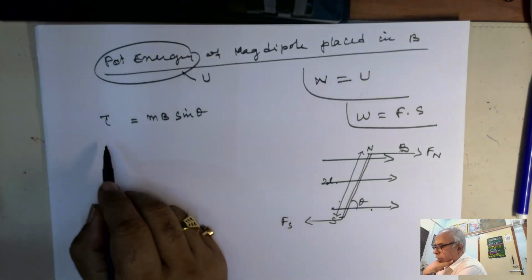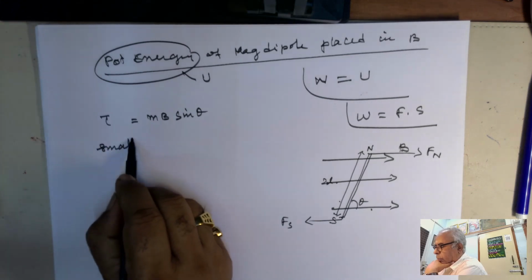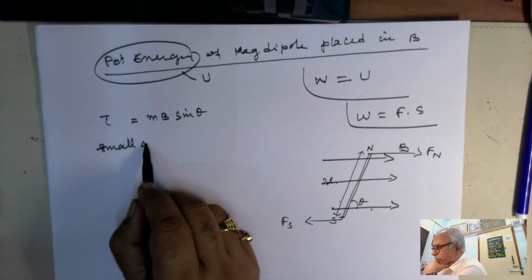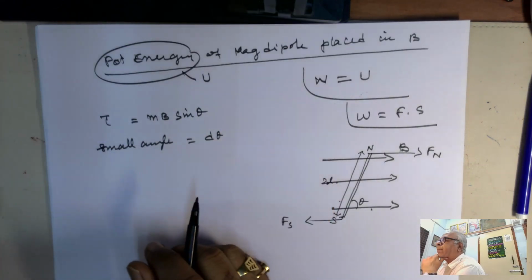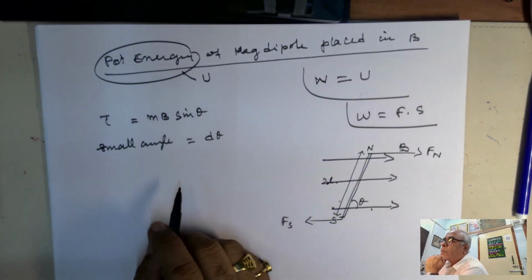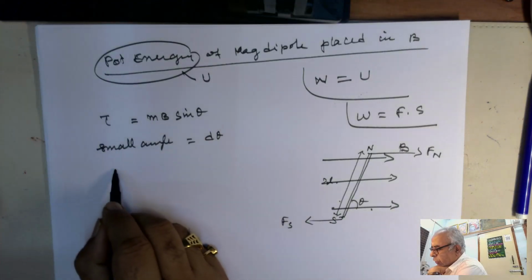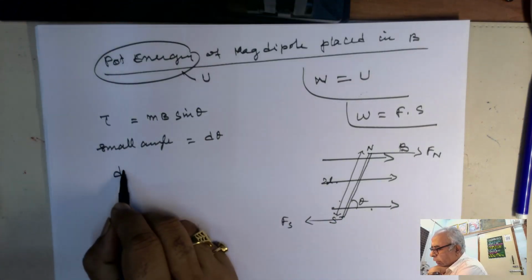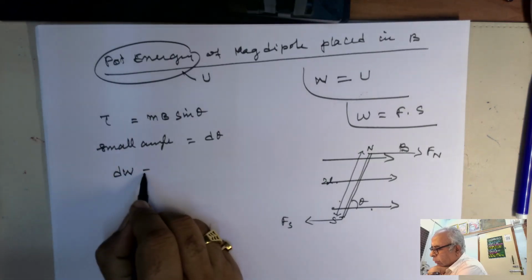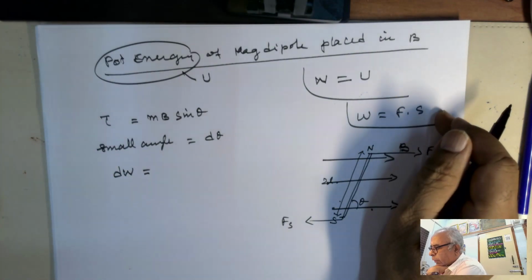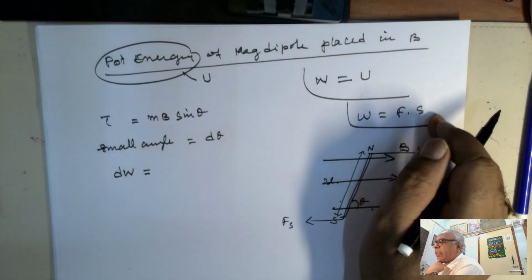Now let me consider a small angle. The small angular element is considered as d theta, the small twist. For this, the small work dW is equal to, as you know already, force into displacement. Here we are talking about the angular displacement, so F d theta.